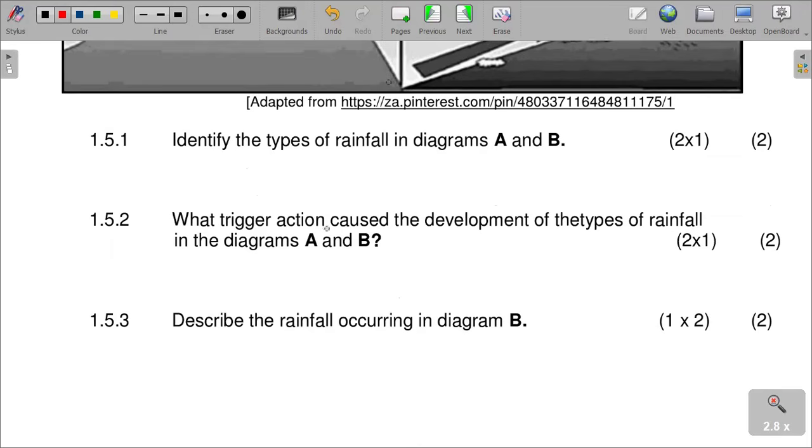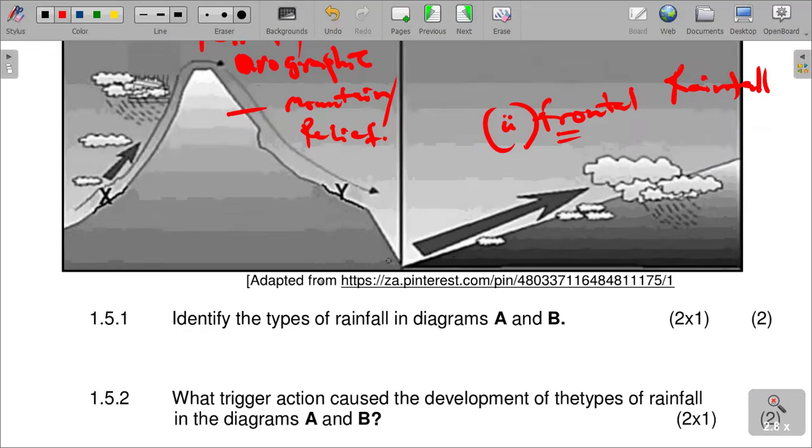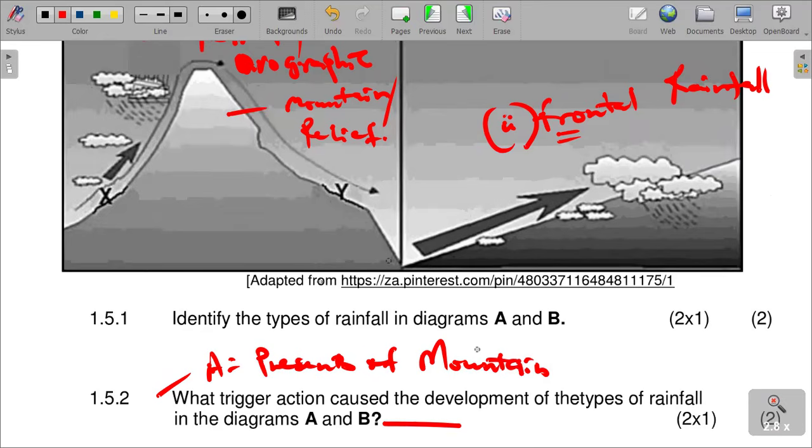What trigger action caused the development of the types of rainfall in diagram A and B? In diagram A, as we can see, what is facilitating the formation of rainfall in this case? We are saying the presence of a mountain range. And then B, what is triggering the rainfall?